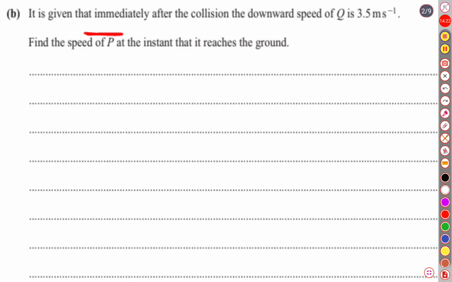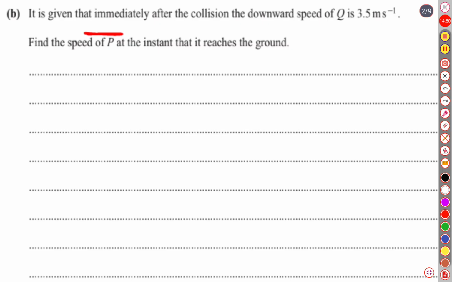Now for p, if we want to find the speed, we should know the velocity just after collision. From the previous part, we have found the velocity of each of the particles just before the collision. The velocities of two particles before and after collision can be related by applying the concept of conservation of momentum.